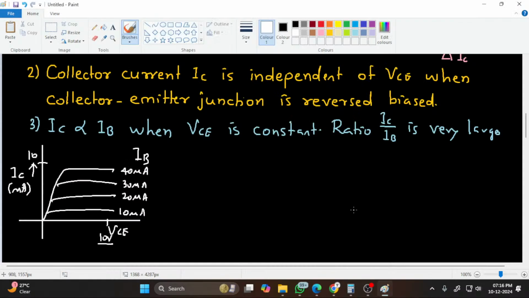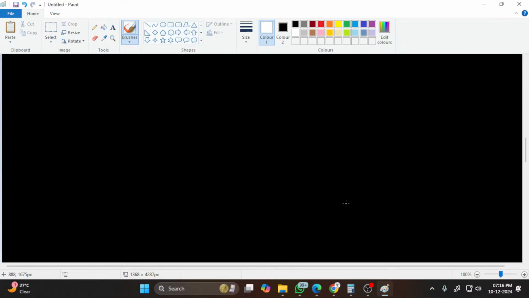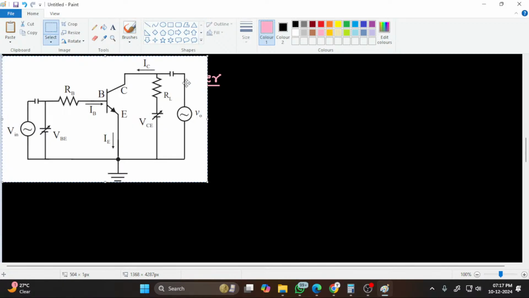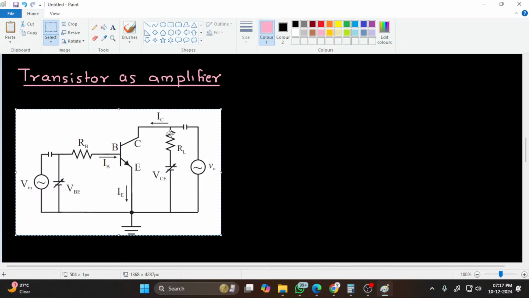Only thing here is that in the characteristic circuit we connect the ammeters and voltmeters. Here the input voltage and output voltage are taken. So transistor acts as amplifier. It is connected in common emitter circuit. So small sinusoidal input is superimposed on DC bias.